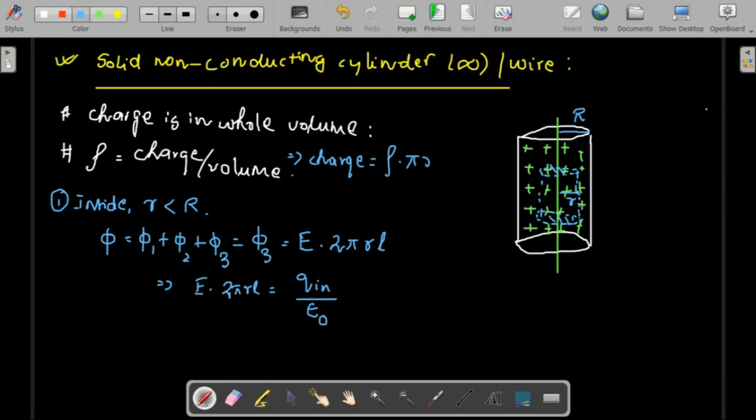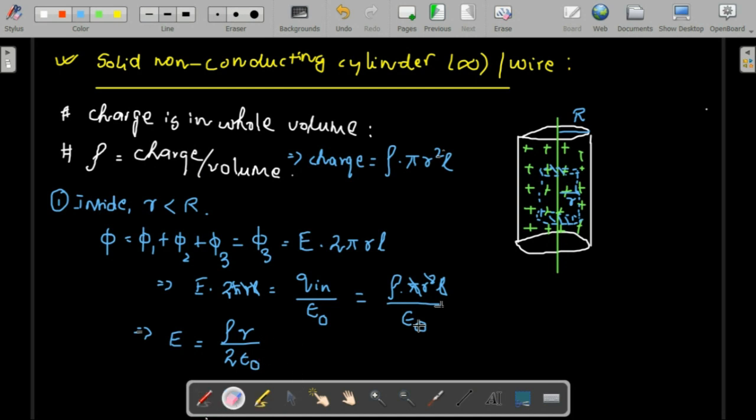For a cylinder, it is pi r square l. So the charge enclosed is rho into pi r square l, divided by epsilon naught. We can do our cancellations: pi and l cancel, and one r also goes, so the square is not there. So E is equal to rho into r divided by 2 times epsilon naught.